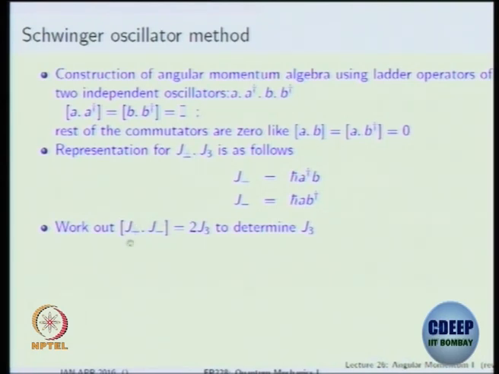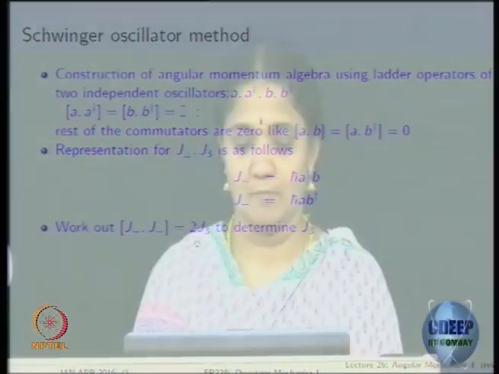Then I said that, please go back and use the angular momentum algebra to determine what J3 is, constructed out of these two operators. So this is a representation for J plus and J minus in terms of two harmonic oscillator operators, and using this representation we want it to satisfy an angular momentum algebra, which will give you what should be the representation for J3.